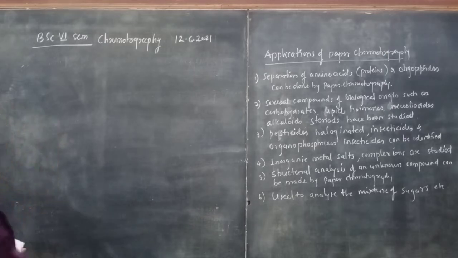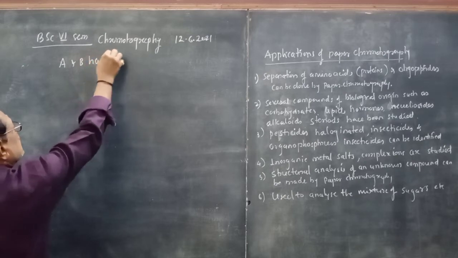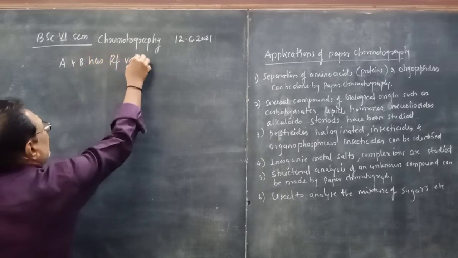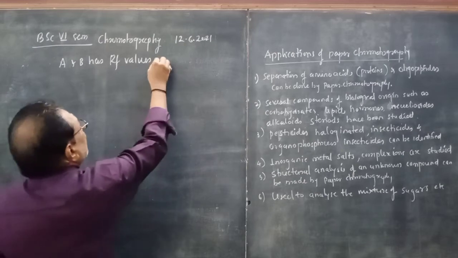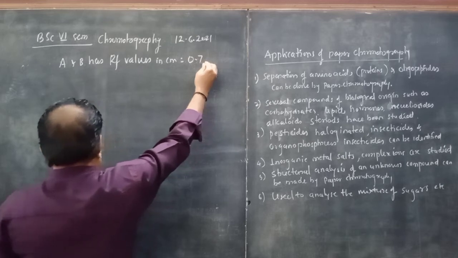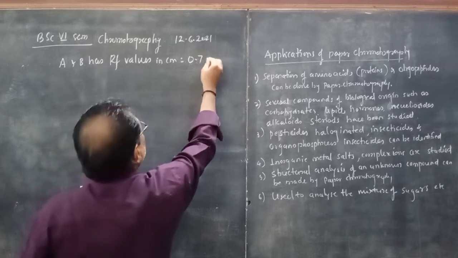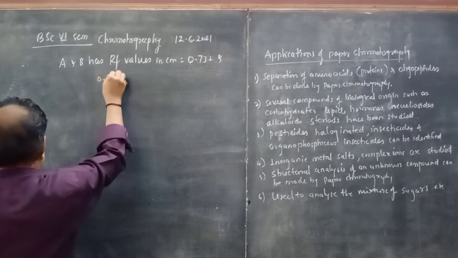Now the problem: A and B have RF values of 0.732 and 0.348.